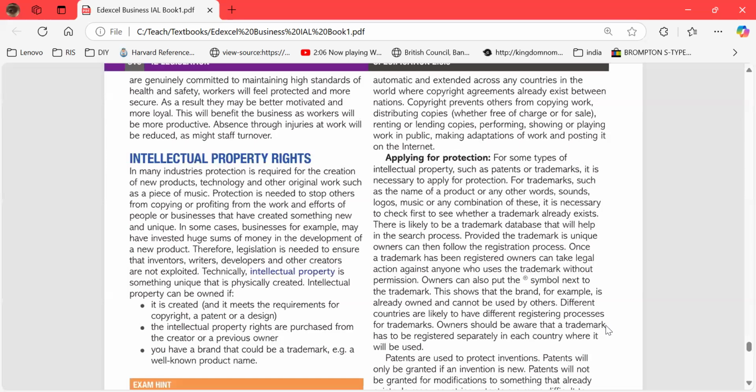Then intellectual property, right? Intellectual property is like an intangible asset for us. Suppose copyright, trademark, patent. These things help a business to support their research and development. Research and development is very expensive. As the competition is rising, it's necessary.